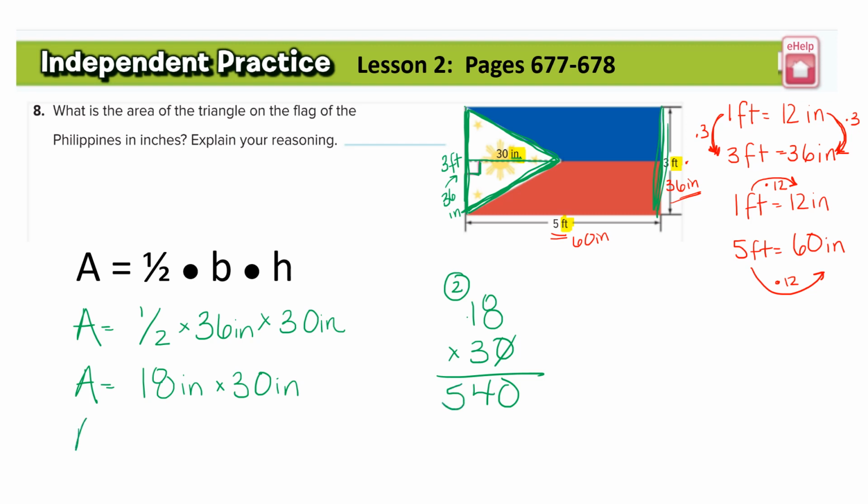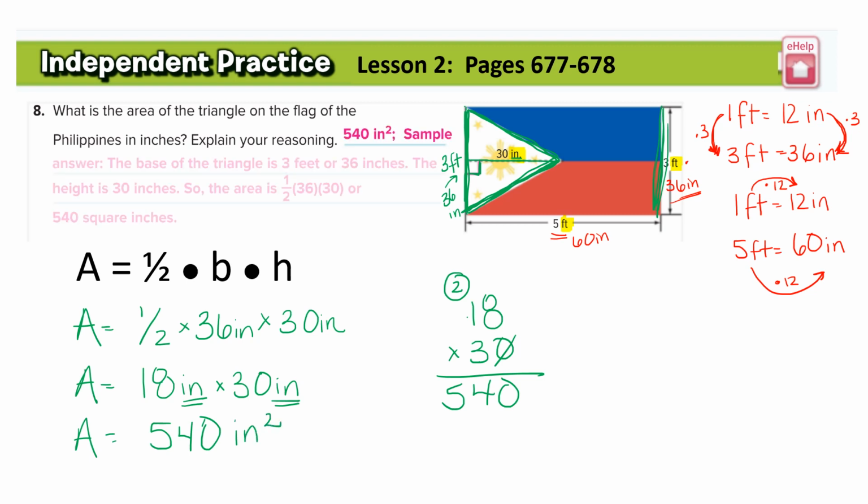So area equals 540 inches by inches is inches squared. The answer is 540 inches squared, and your sample answer would be the base of the triangle is 3 feet or 36 inches. The height is 30 inches. So the area is 1/2 times 36 times 30, or 540 square inches.